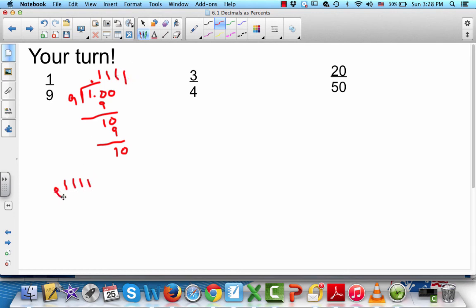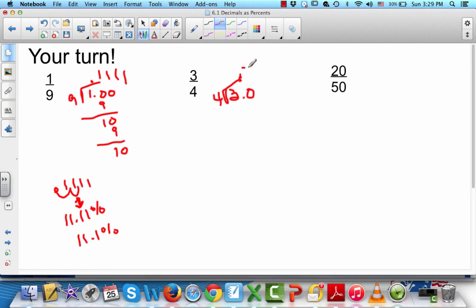So that goes 1, 2, 11.11%, but you want to round it to the nearest tenth, which is that spot right there. The 1 is less than 5, so you leave it like it is, 11.1%.